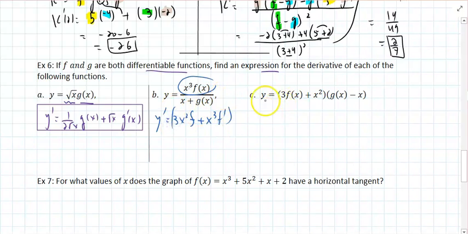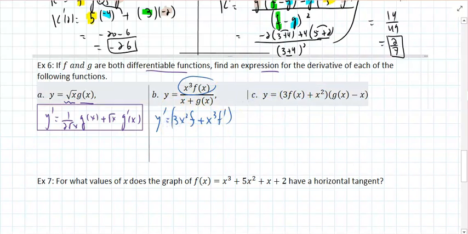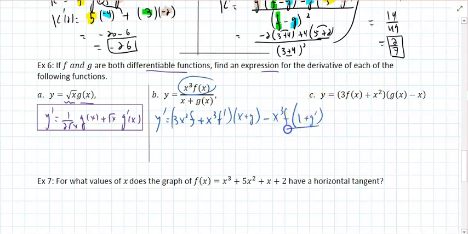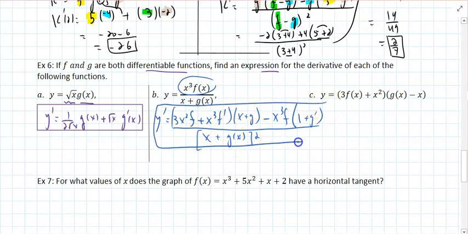That's derivative of the denominator times the denominator minus the top times derivative of the denominator is 1 plus g prime, all over the denominator squared. And there it is. Fairly simple if you know the rule.